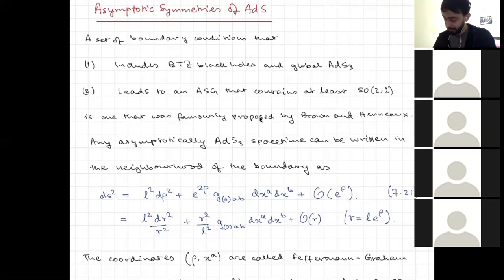You can also write it in terms of more familiar radial-like coordinates, and there you can rewrite r as L into e to the ρ, and then it becomes L squared dr squared by r squared plus r squared by L squared into this guy. So this is more familiar from the things we had done earlier. But this is what an asymptotically AdS spacetime is going to be.